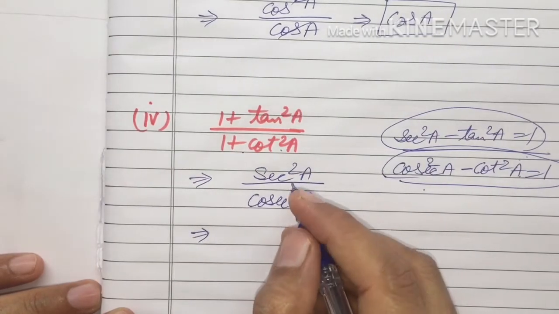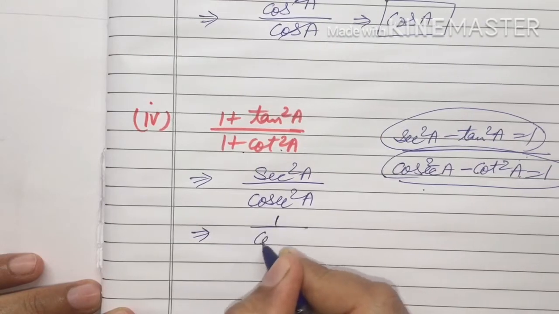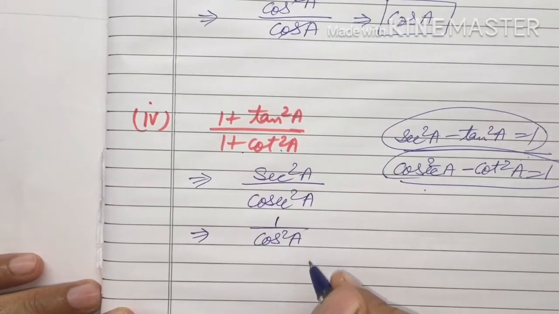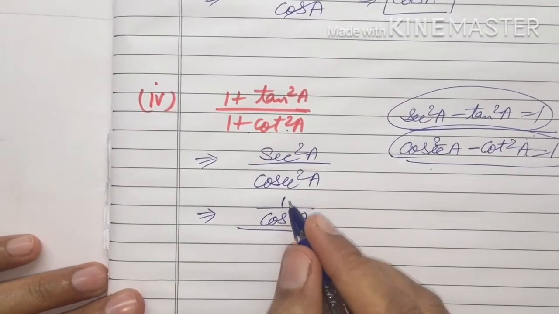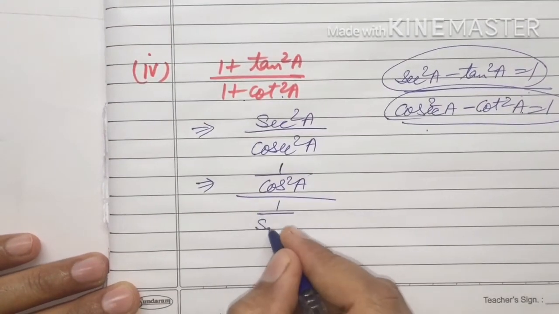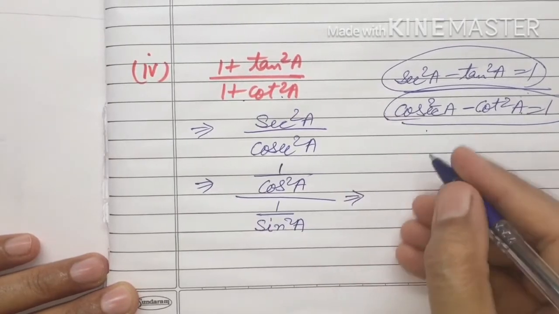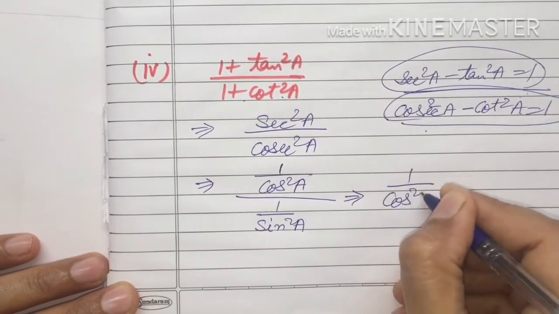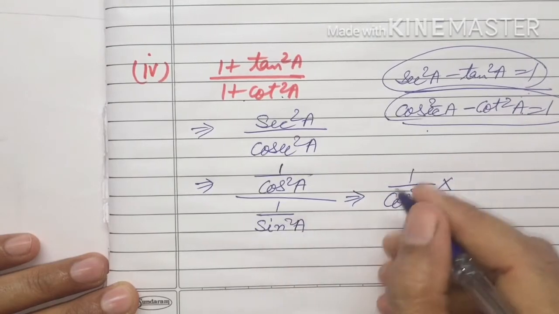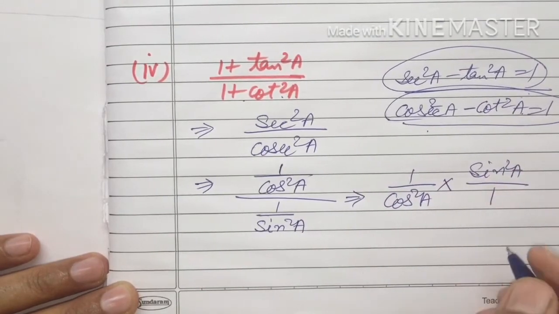Secant is the reciprocal of cos, so 1 upon cos square A. And cosecant is the reciprocal of sine, so I can write in the denominator 1 upon sine square A. So when it goes up, cos square in the denominator, and sine square A goes up, upon 1.